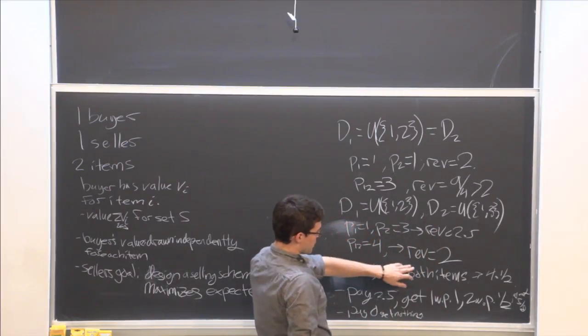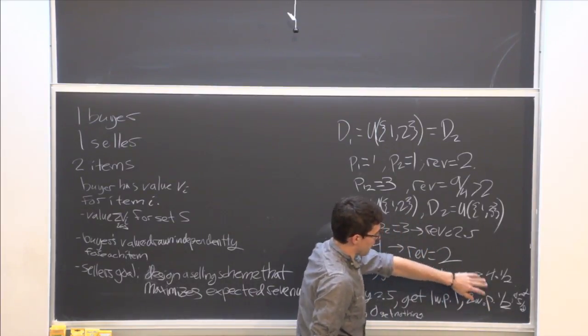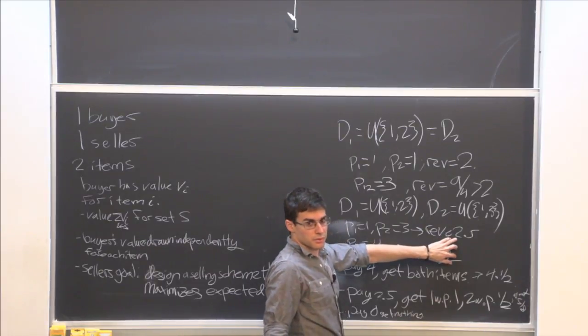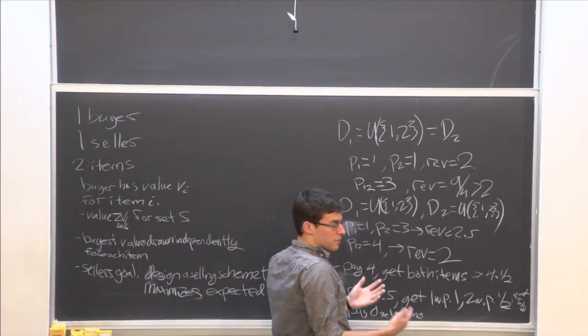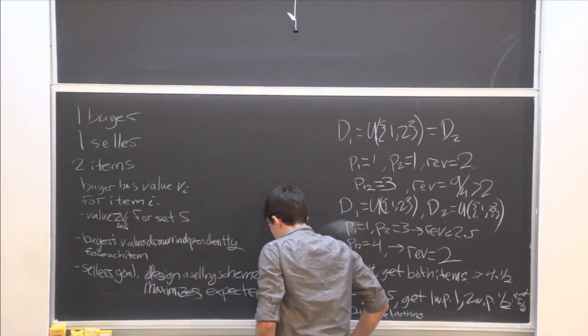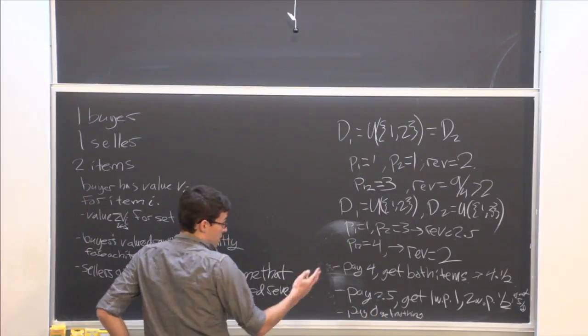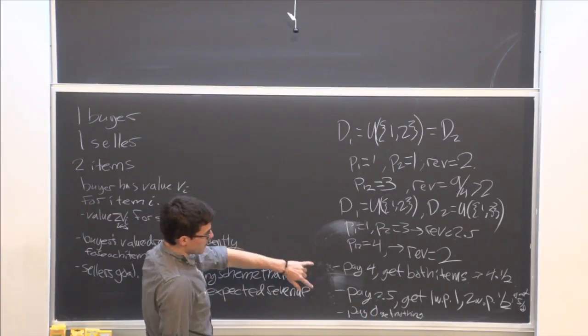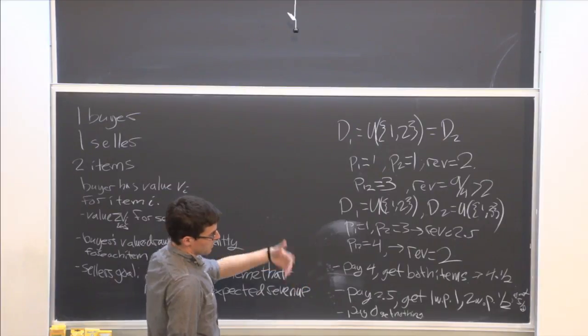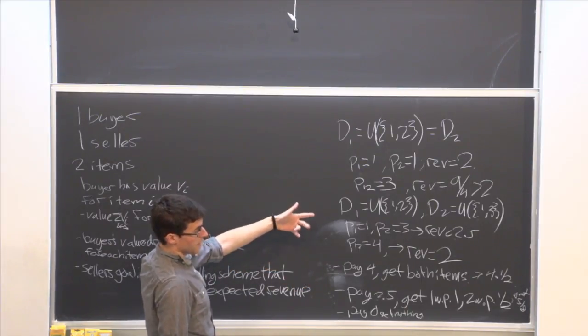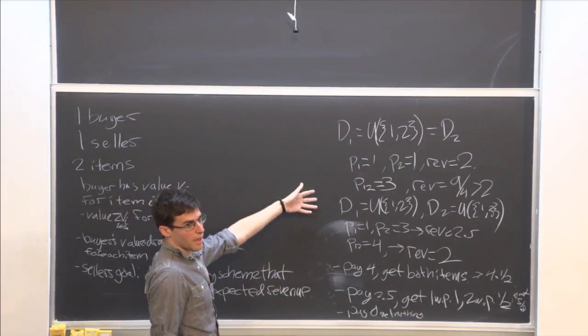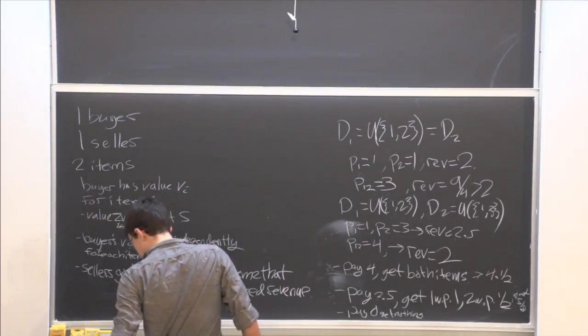And then the observation is that 2 plus 5/8 is actually better than 2.5. Okay, so there is a randomized, I'm calling these mechanisms, there is a randomized mechanism that gets you more revenue than any deterministic one, and it already happens with these pretty simple examples.